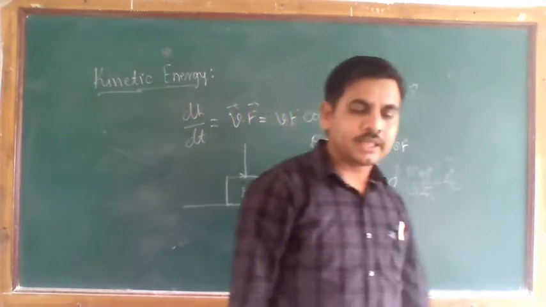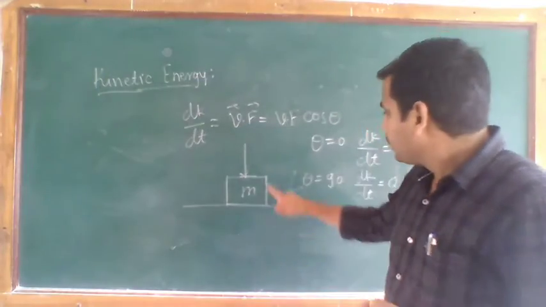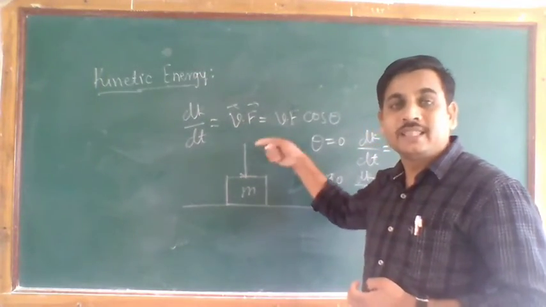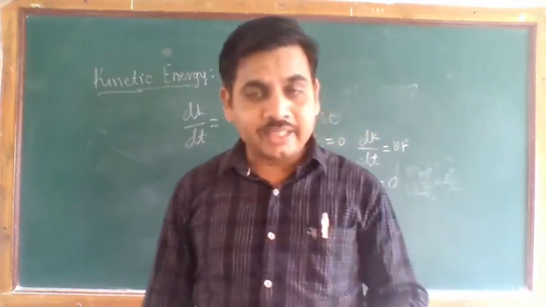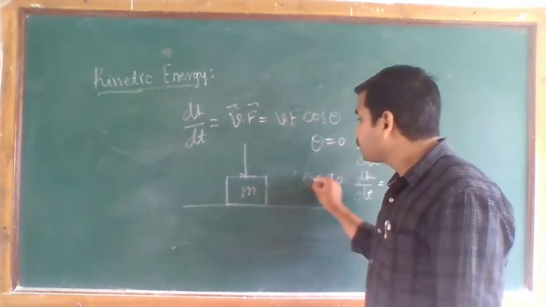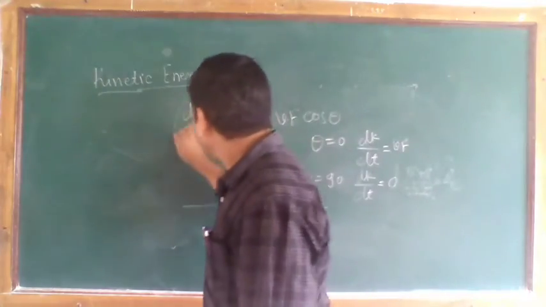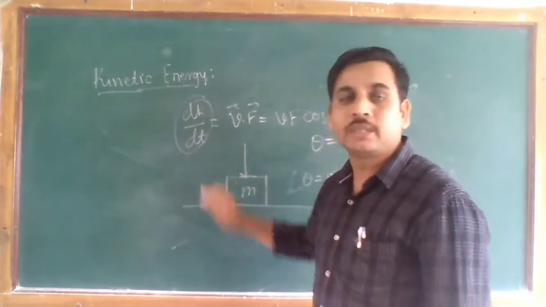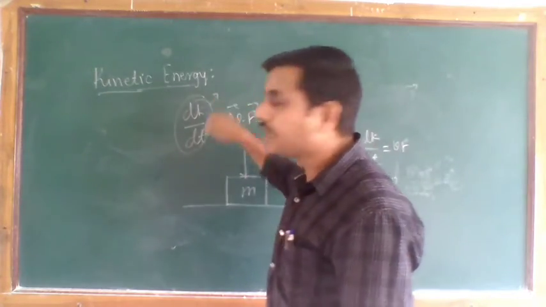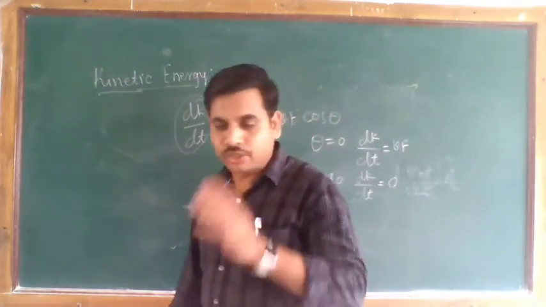So in that condition, when this applying force is in the perpendicular direction, the kinetic energy of that particle does not change. This dK/dt equal to 0 means that if the applying force is perpendicular, the change in the kinetic energy is 0.